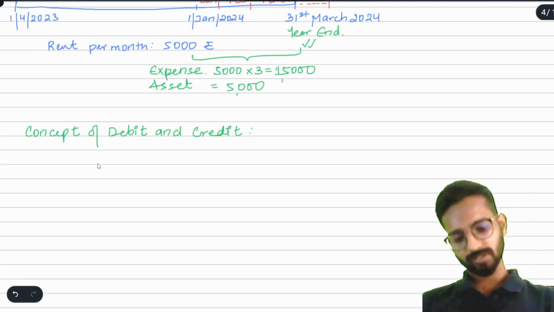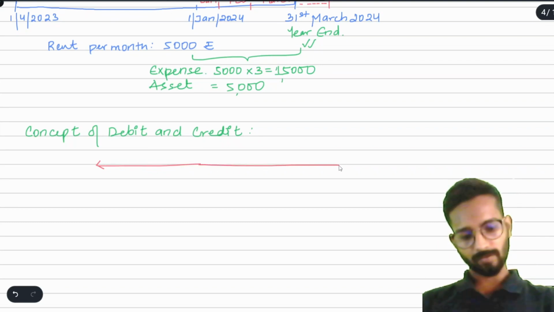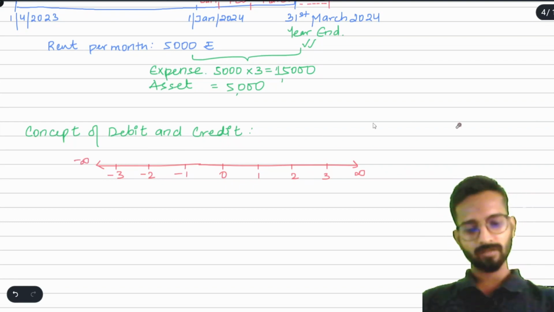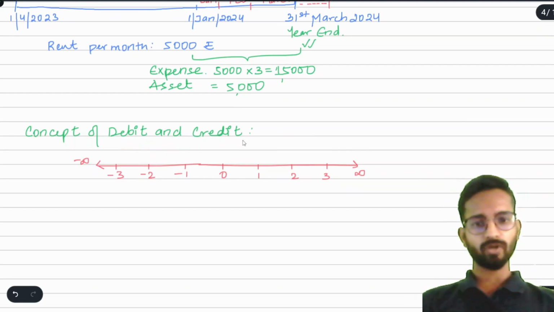Understand this. Suppose there is a number line and you can say 0, 1, 2, 3, positive infinity, negative 1, negative 2, negative 3, and this is negative infinity. Simple. This is the positive side and this is the negative side. Okay, this we already know.